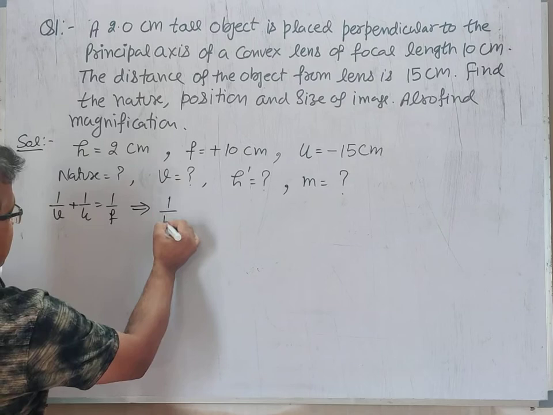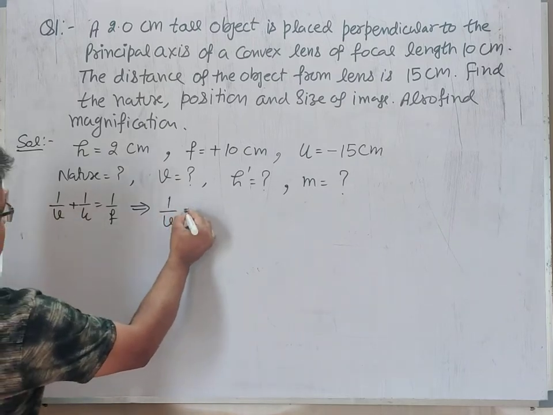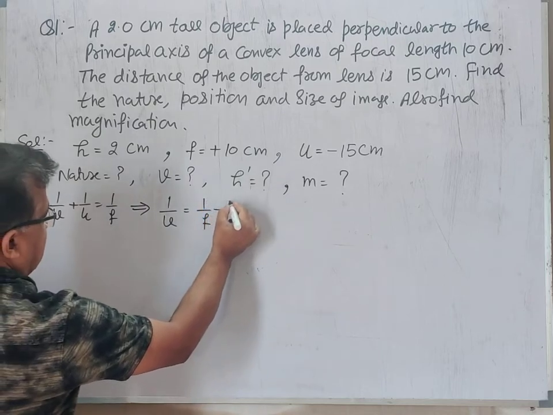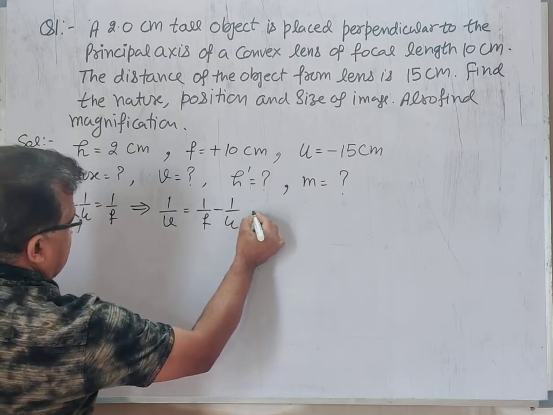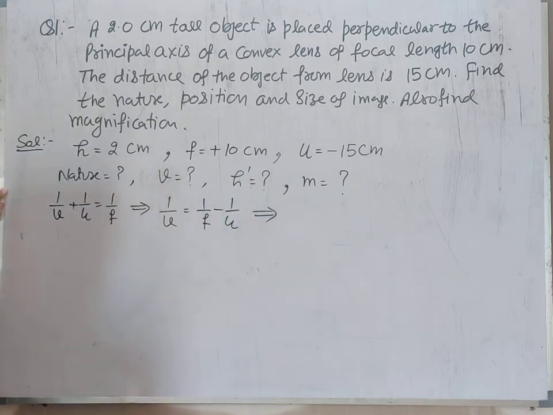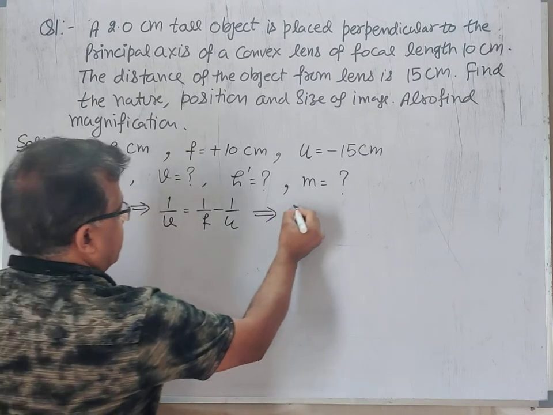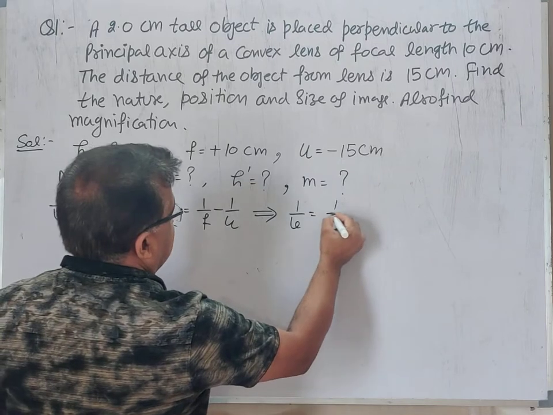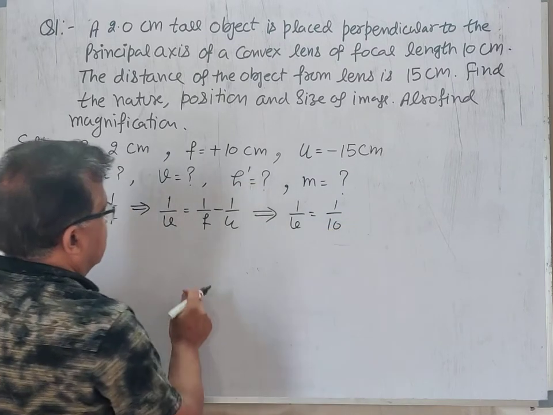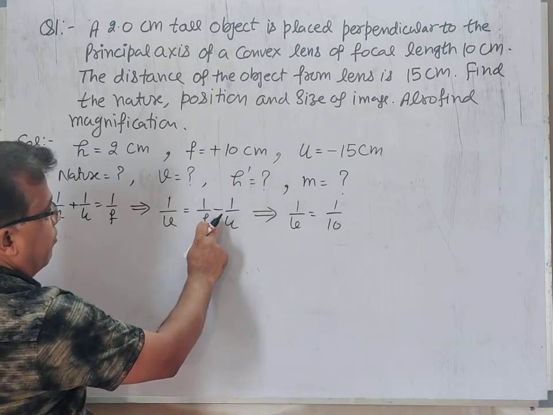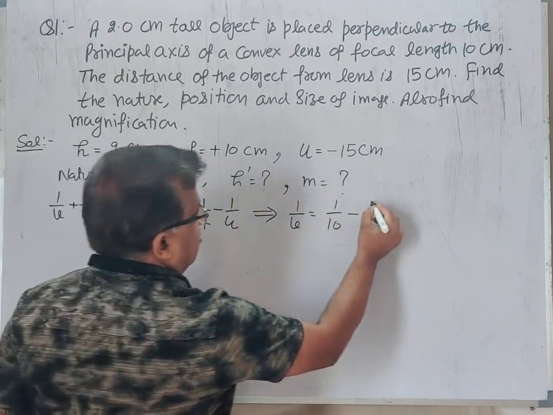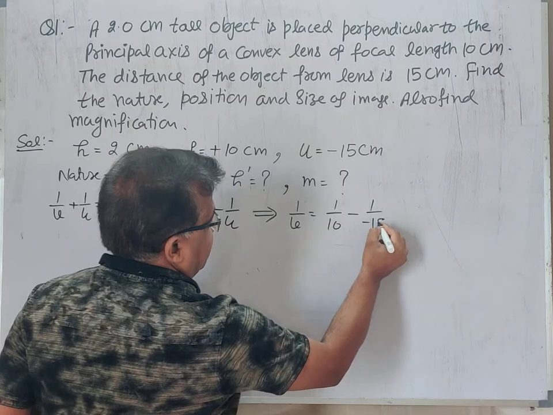So 1 by v will become 1 by f, and this u will become minus 1 by u. In the next line, 1 by v is equal to 1 by f, means 1 by 10, minus 1 by u, means 1 by minus 15.